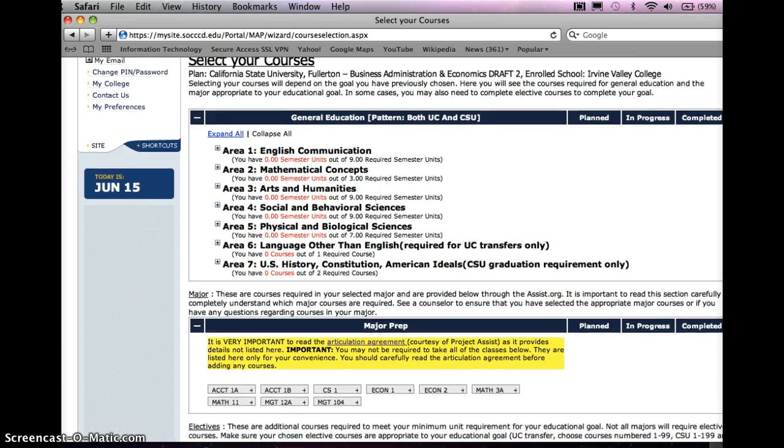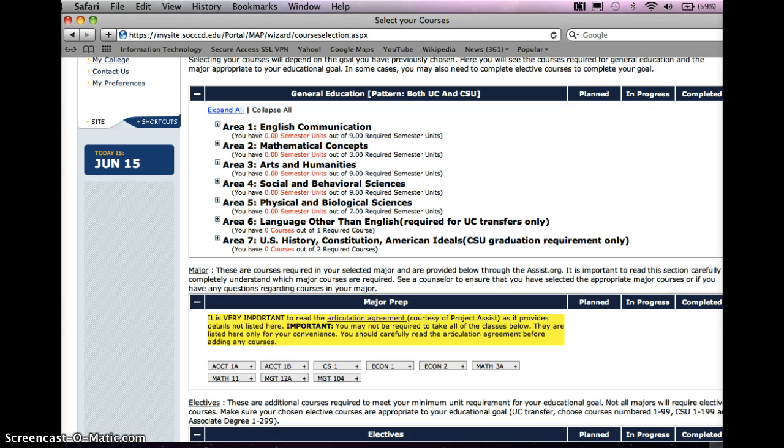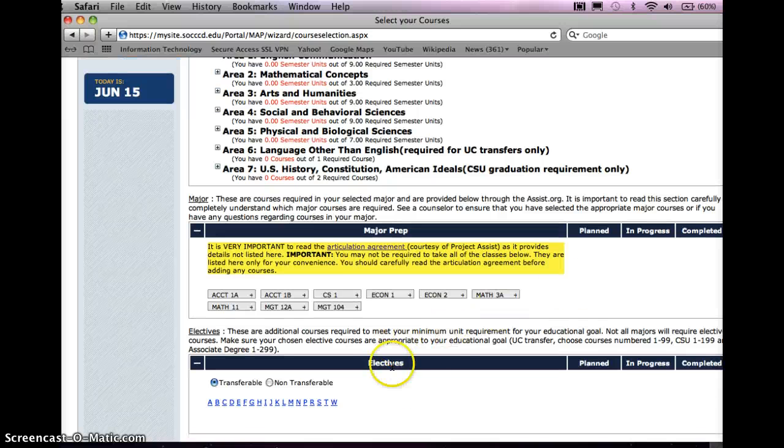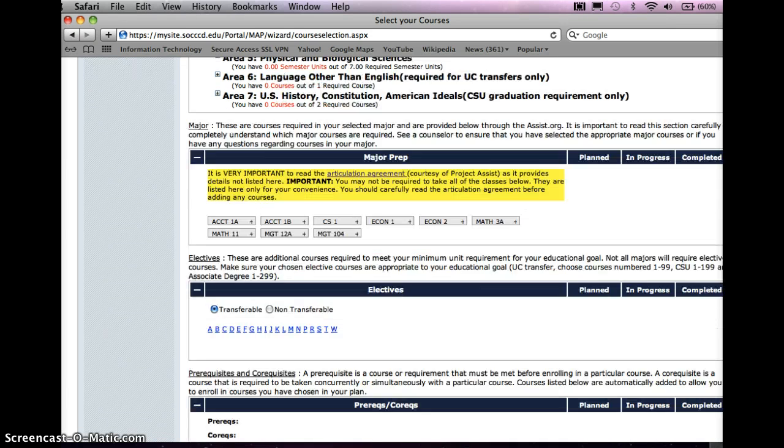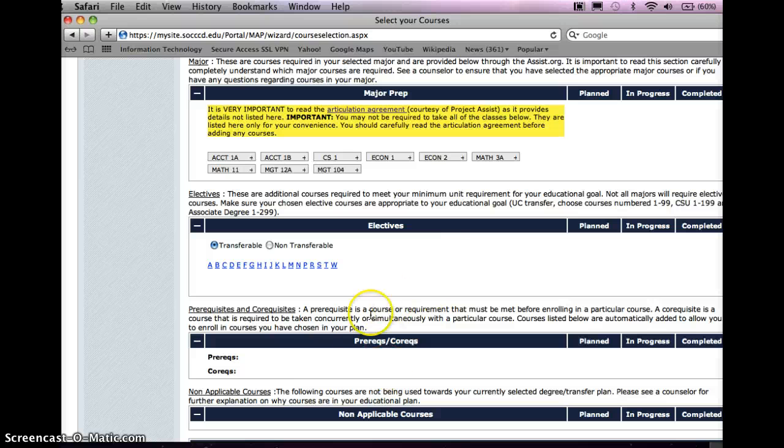Before we get into those specifics though, I also want to highlight the different sections within MAP. So general ed, major prep, electives, and prerequisites slash co-requisites.